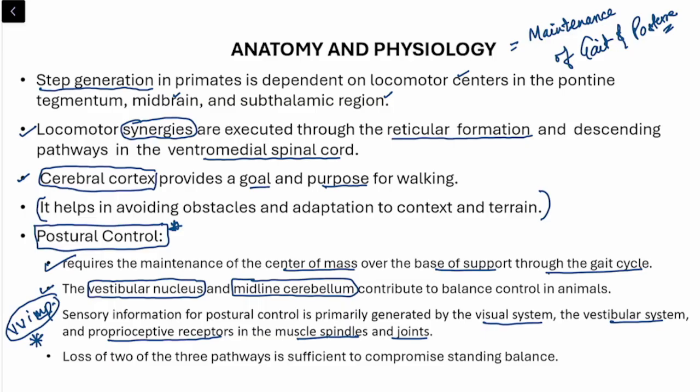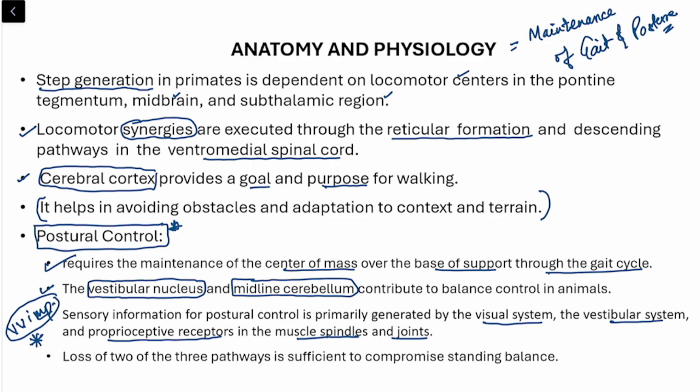The dorsal column carries proprioception. It carries other sensations also, like vibration and joint position sense. So proprioception is carried by the dorsal column to the cerebellum and thalamus, right?